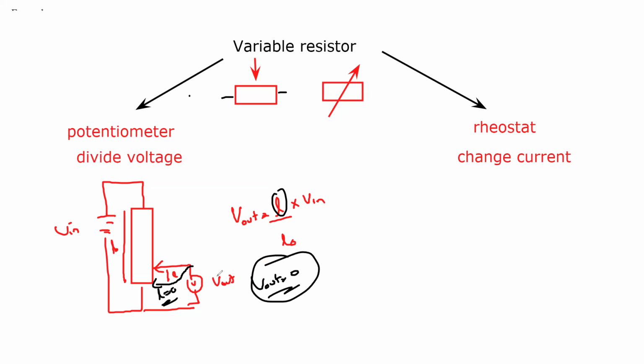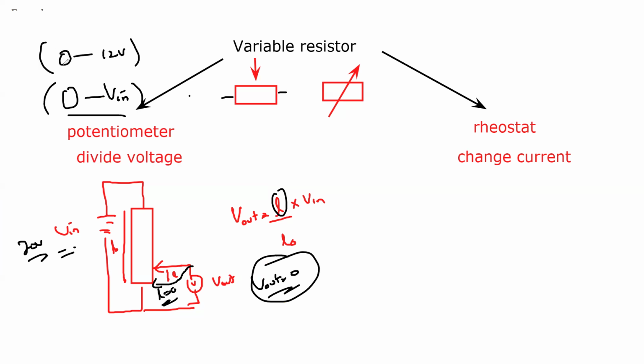So when we use a potentiometer, we can vary the voltage from zero to the maximum value of the supply, which is the input. Like if this supply was a 20-volt supply, the range of voltage which can be used here is from 0 to 20. I can have 0 volts across the component, and at the maximum I will have 20 volts.